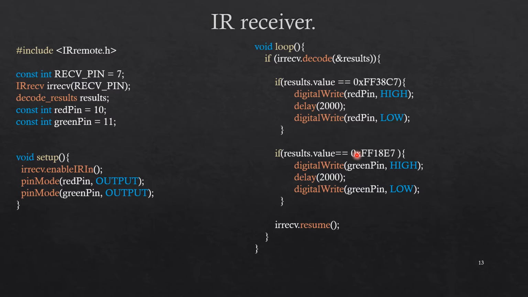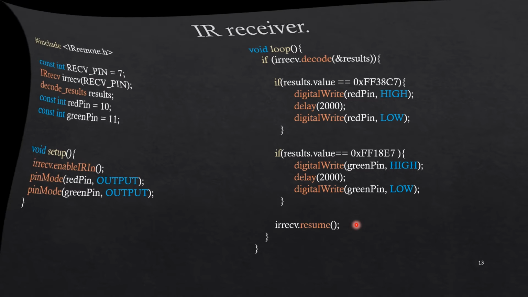And here we are checking another button with another code. If it is pressed, then we are turning on the green LED for 2 seconds and then we turn it off. When you use this function in this line, you are saying that you want to remove the result of the decoding of the previous button and make the IR receiver ready for the next button to be pressed.